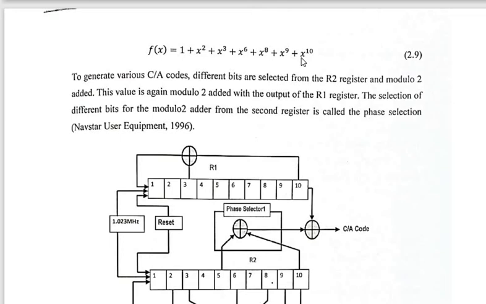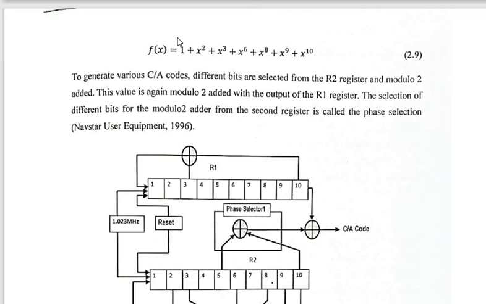To generate the C/A codes, different bits are selected from the register R2 and modulo 2 added. We select bits 2, 3, 6, 8, 9 and 10 from the register R2, and modulo 2 is added to this. This value is again modulo 2 added with the output of register R1.